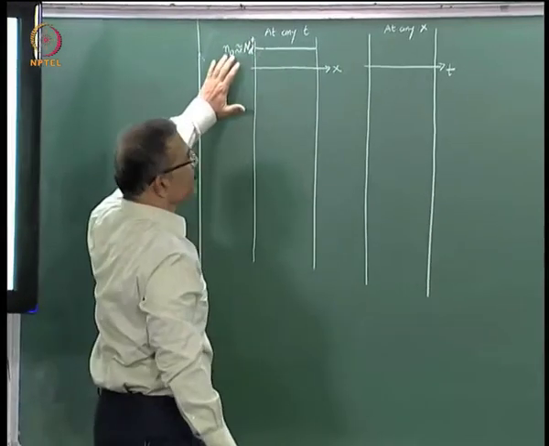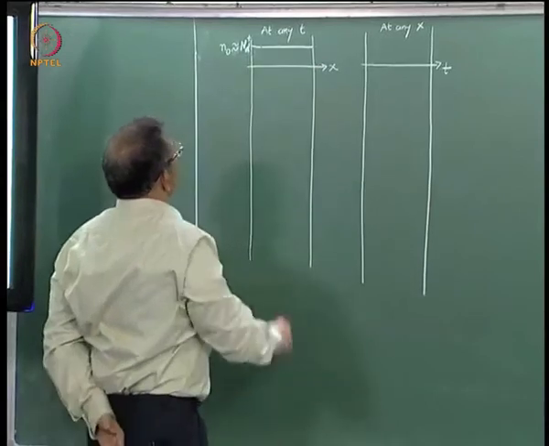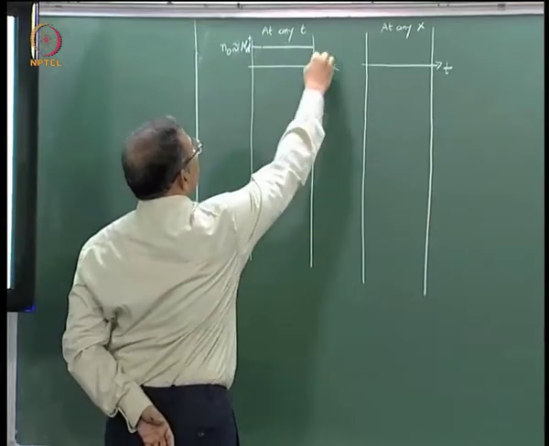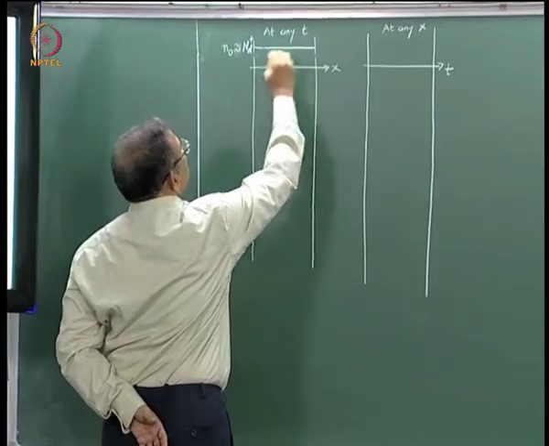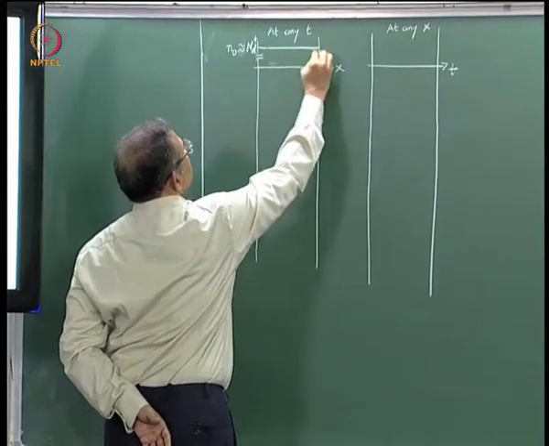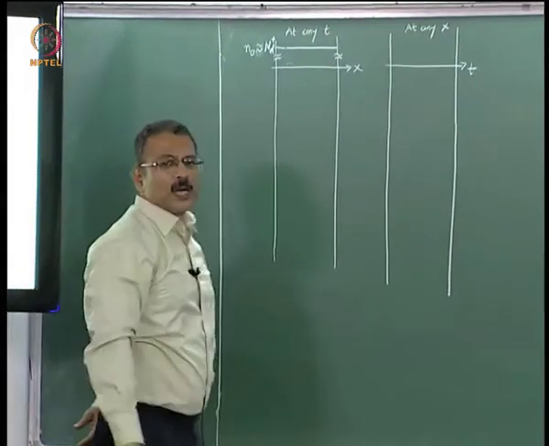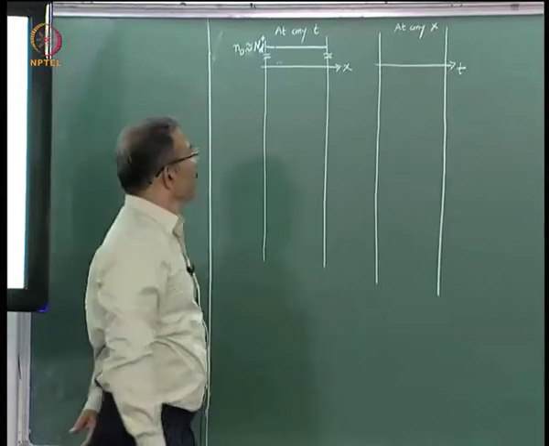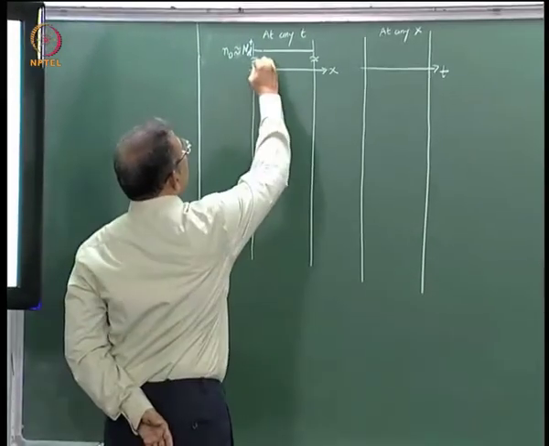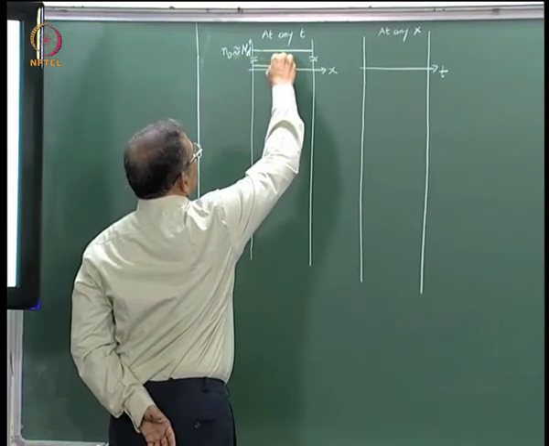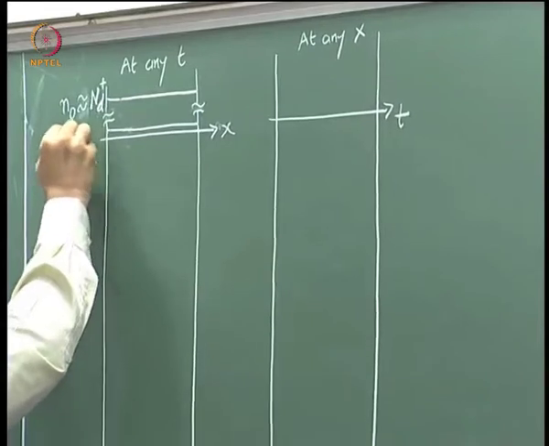So the equilibrium majority carrier concentration is uniform. The equilibrium hole concentration would also be uniform, so one can sketch that also. Now, if I want to show both equilibrium majority and minority carrier concentration, then I have to use a log scale. If I use a linear scale, then I should show a break. So this could be P naught.